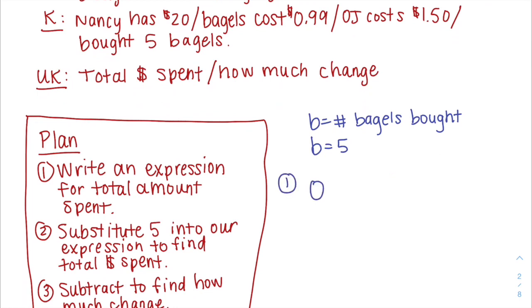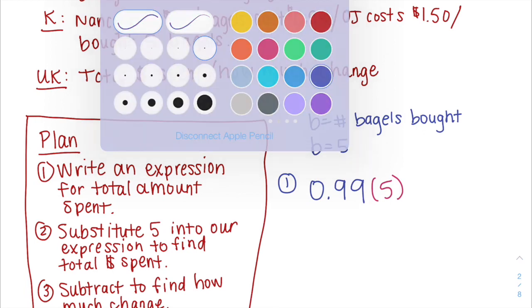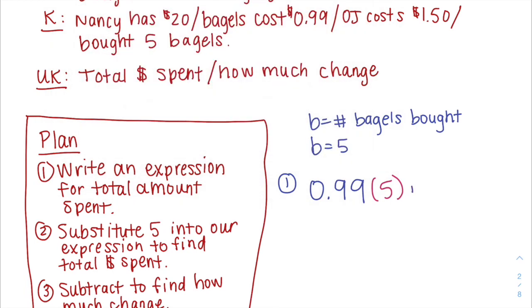So if each bagel costs 99 cents and I buy 5 bagels, I'm going to have to multiply 99 cents by 5. Then we have to add the cost of the orange juice, which was $1.50. So step 1 is complete. We have written an expression to help us represent this problem.